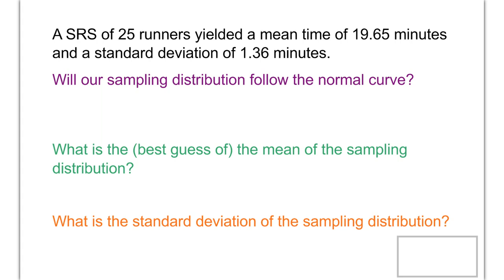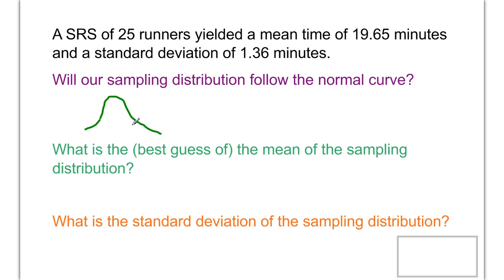In order to figure this out, because 25 is still kind of in the borderline area for a sample size, what would we expect from a bunch of runners? If it were me, I would probably expect a somewhat unimodal, maybe slightly skewed distribution, where on the fast end there are some people that are really fast, then there's the typical runner, and then potentially some very slow people, so it might skew off to the right a little bit.